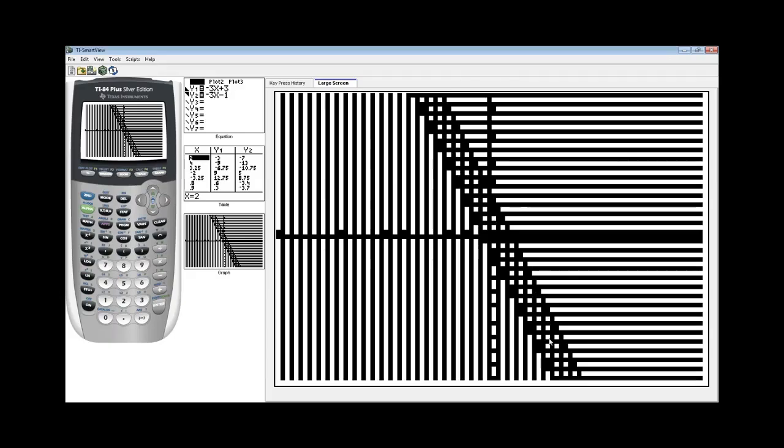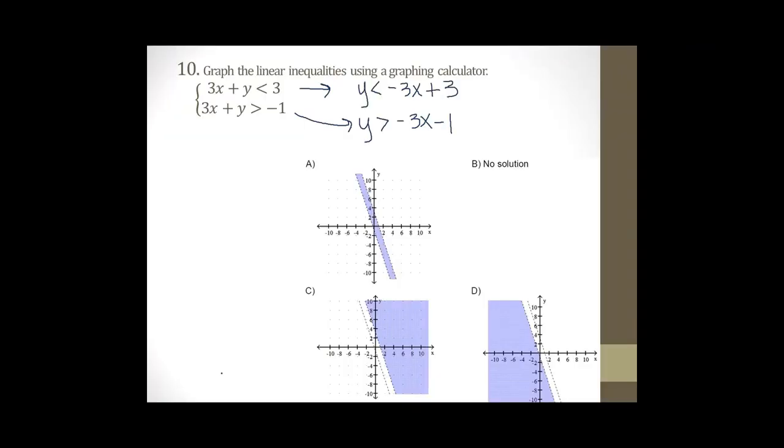Can they see? I can see my cursor. Okay, this is where our intersection is. This is the solution. So even though the whole screen is shaded, we only care about where they overlap. So if we go back to our options, that would be option A, because that's where the two were overlapping.